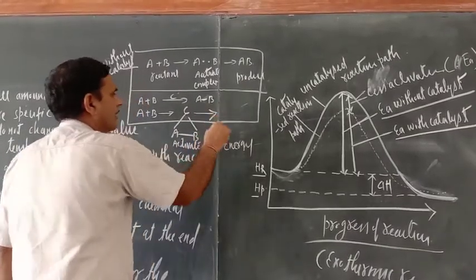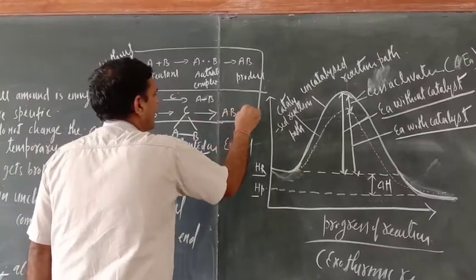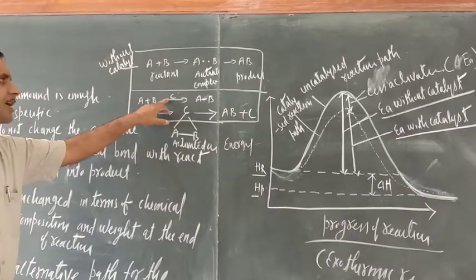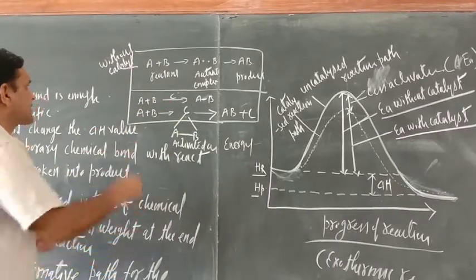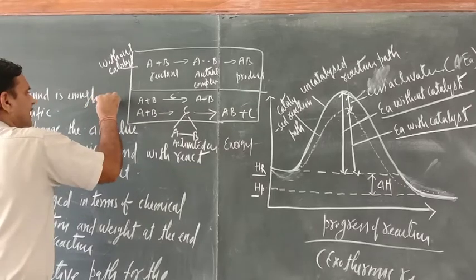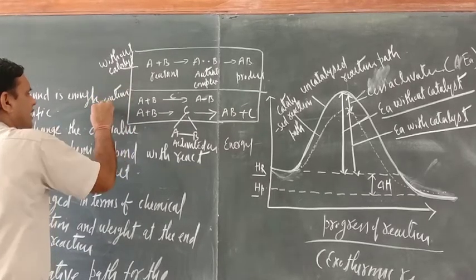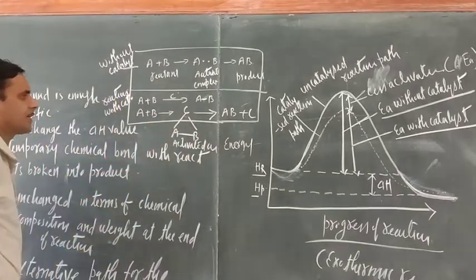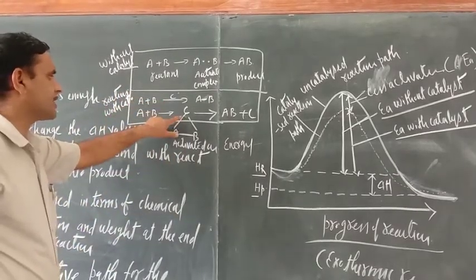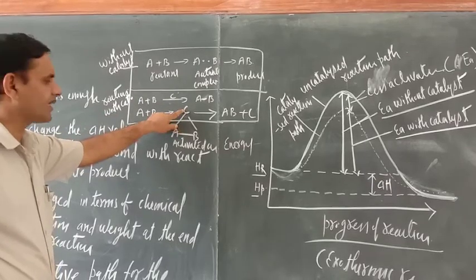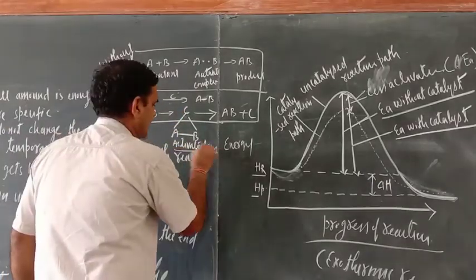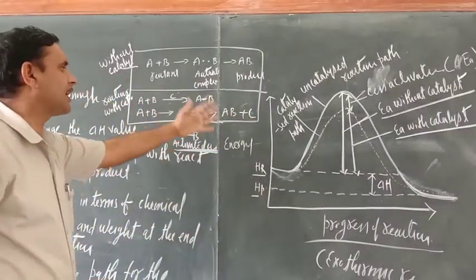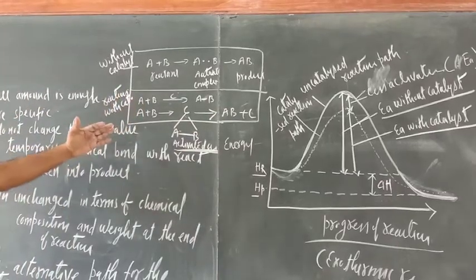Later on the product AB will form and C will be released. What is the meaning of this? C is the catalyst here. So this is the reaction with the catalyst. Just see here, C is taking part and making the activated complex, but at the end the catalyst is released. So this is the role of catalyst.